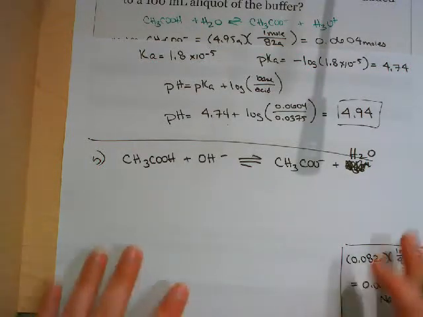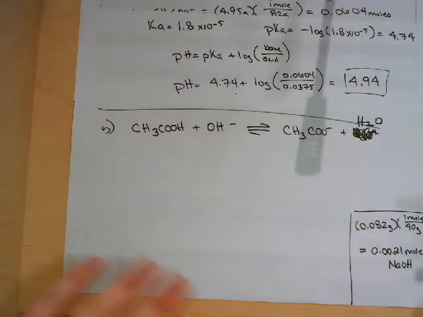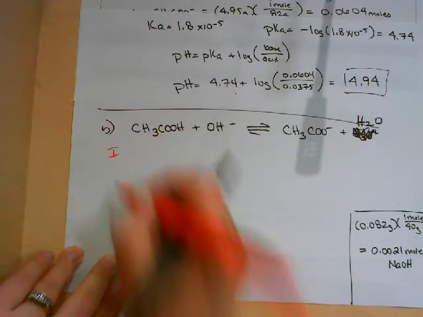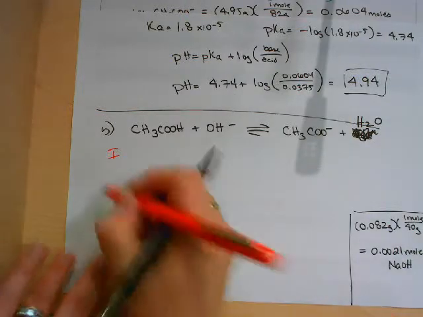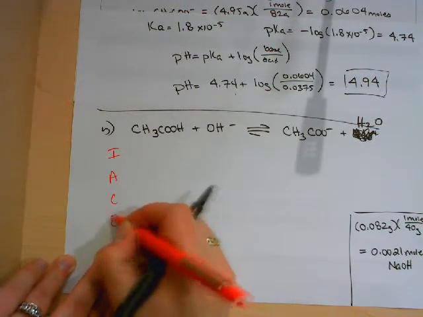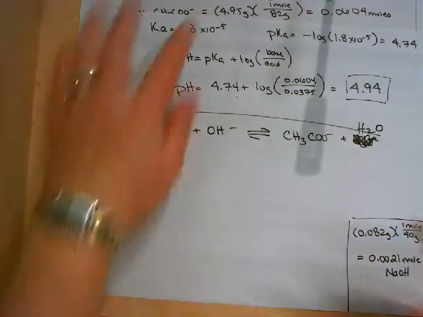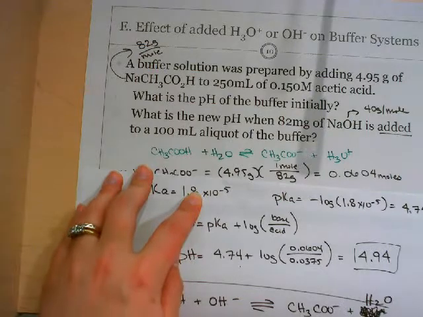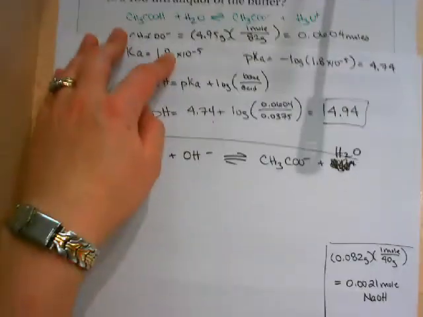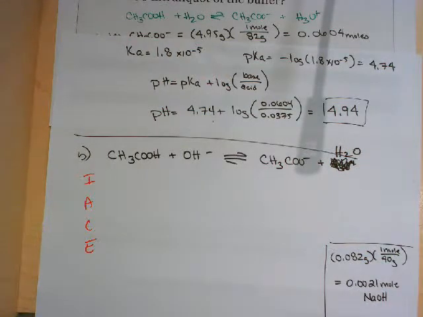Alright, so now we're ready to fill my ice chart. Is this an ice chart or an IACE chart? This is an IACE chart, because it says added. So you have added something. The trick to these questions is going to be reading comprehension.